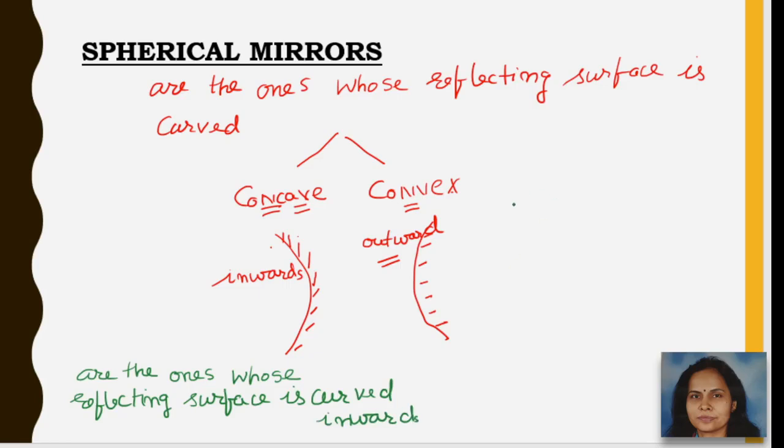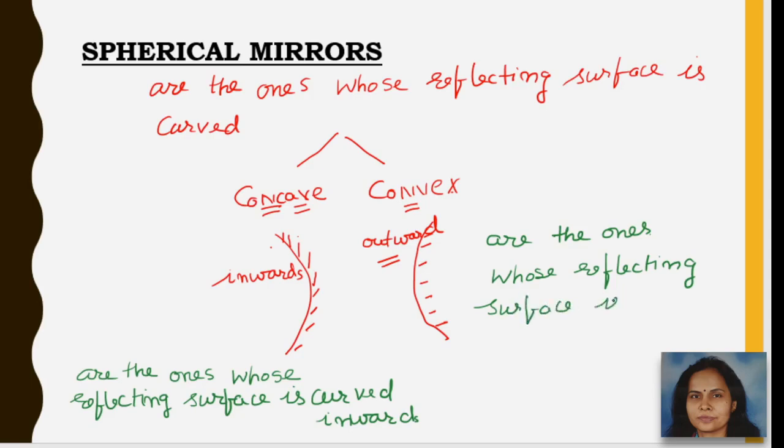Similarly, we can define convex mirror also. Convex mirrors are the ones whose reflecting surface is curved outward. Right? So these are the two types of spherical mirrors, concave and convex.